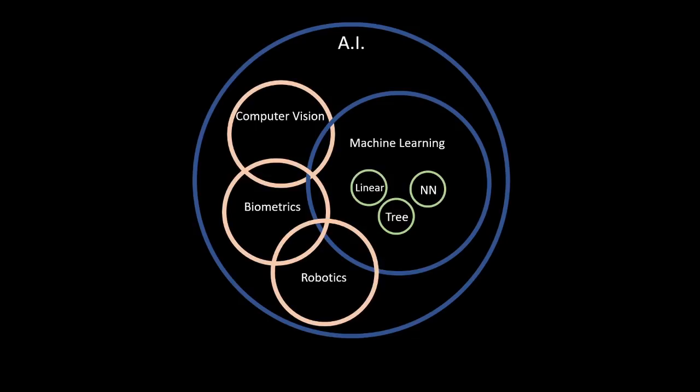To say that machine learning and AI are the same thing would, in fact, be incorrect, and oftentimes they are used interchangeably. Consider AI the all-encompassing circle on this Venn diagram. All of these different techniques fall within the realm of artificial intelligence.